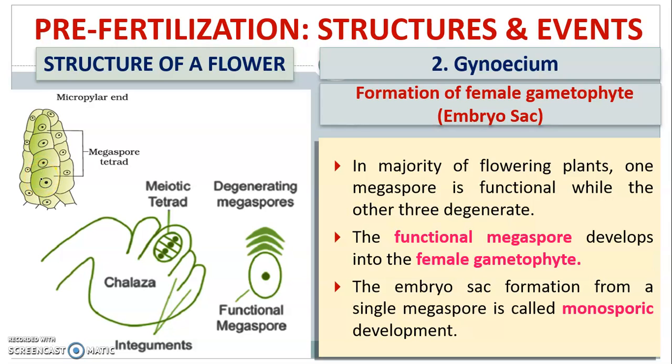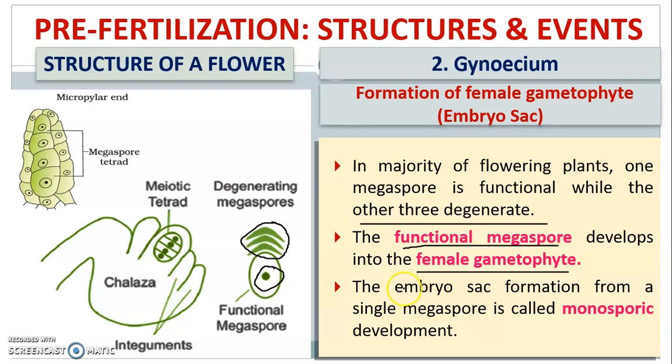Now this diagram is showing the 4 megaspores, the megaspore tetrad. Now out of the 4 megaspores, 3 megaspores degenerate, 3 are lost, right? Only one functional megaspore remains, which develops into the female gametophyte. So there were 4 here, 1 2 3 4, out of which 3 degenerated, and one functional megaspore is left.